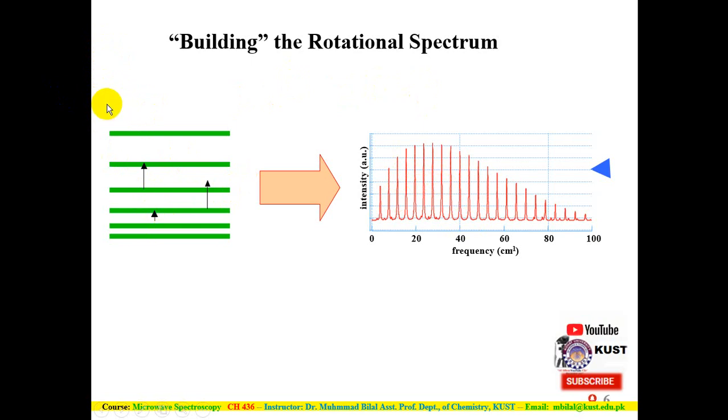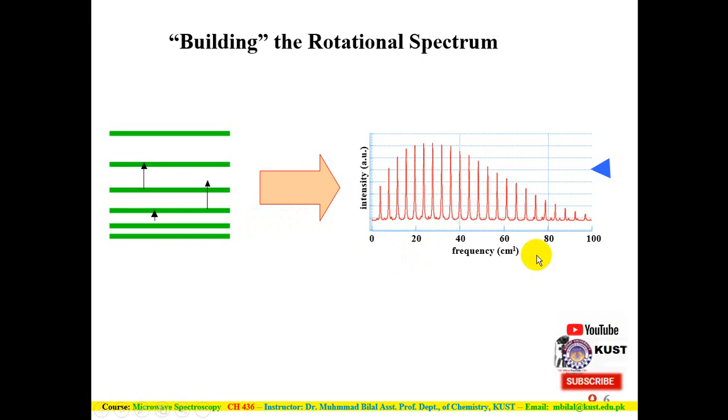If the frequency of this radiation matches the energy gap between two rotational energy levels, then this radiation will be absorbed by the rotating molecule, and it will jump to the higher rotational energy level, and here we will observe absorption in the spectrum.